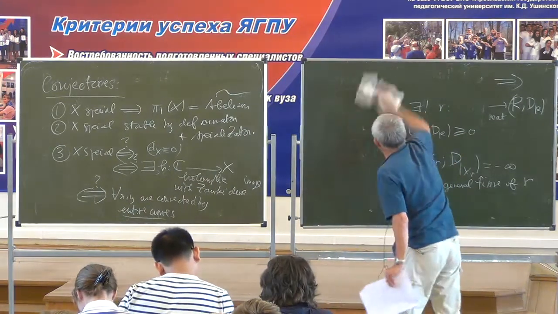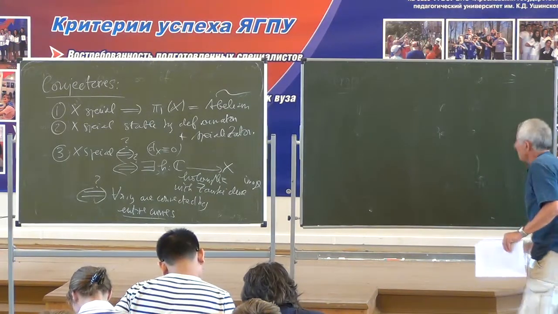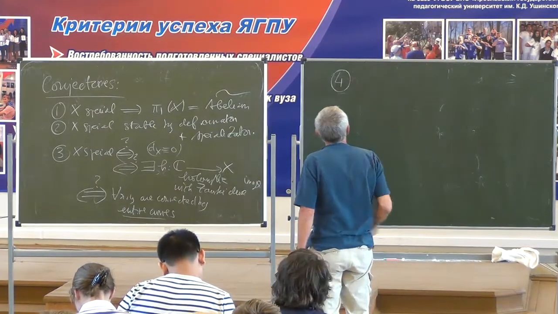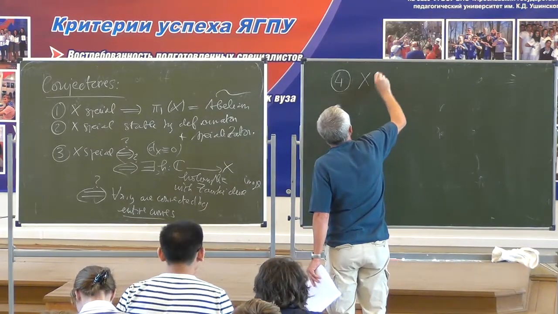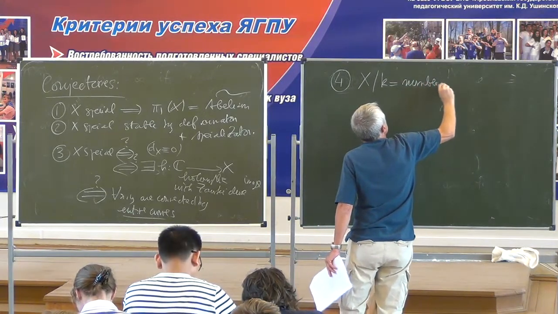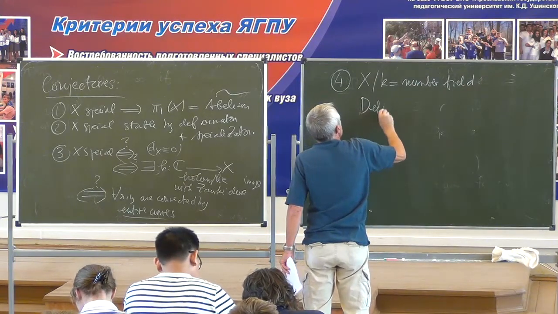And now on the arithmetic side, I'm finished here, arithmetic side. And so we have 4. Assume that X is defined over K, which is a number field. Let me give a definition.